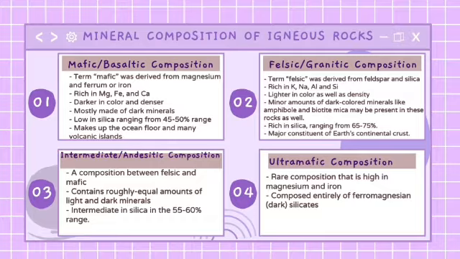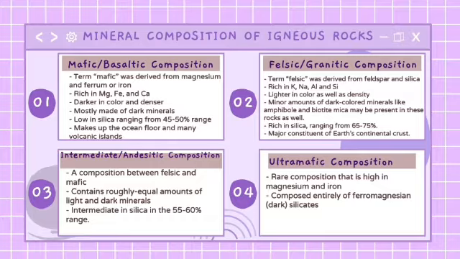They are also darker in color and denser. It is mostly made of dark minerals like pyroxene and olivine, which are rich in iron and magnesium and relatively poor in silica. Mafic rocks are low in silica, in the 45 to 50% range. Mafic rocks make up the ocean floor and many volcanic islands.